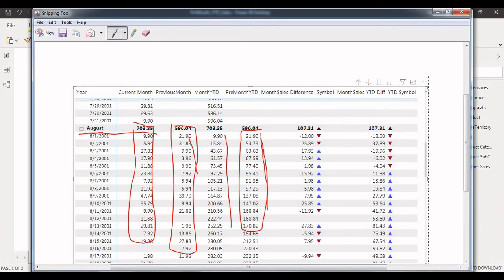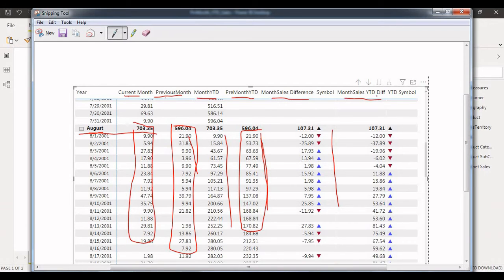And this is the difference between the current month and previous month. So month sales difference is the difference between the current month and previous month sales. And this is month sales YTD difference, the difference between the month YTD and previous month YTD.